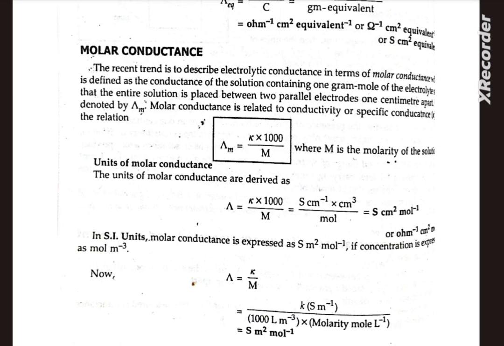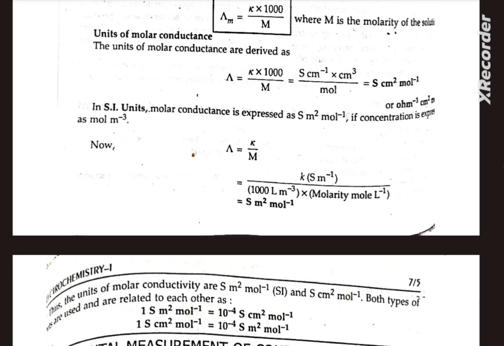Molar conductance is related to conductivity or specific conductance kappa: lambda m is equal to K into 1000 divided by M, where M is the molarity of the solution. Units of molar conductance are Siemens centimeter square mole inverse, or ohm inverse centimeter square mole inverse. In SI units, molar conductance is expressed as Siemens meter square mole inverse.